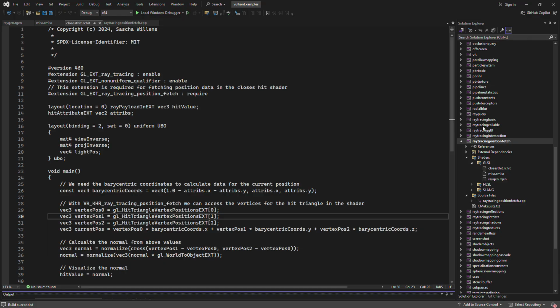I think I did ray tracing callable already, but I'll do it again just for completeness and to finish the series. And then ray query is not necessarily ray tracing, but I'll see what that one is about.